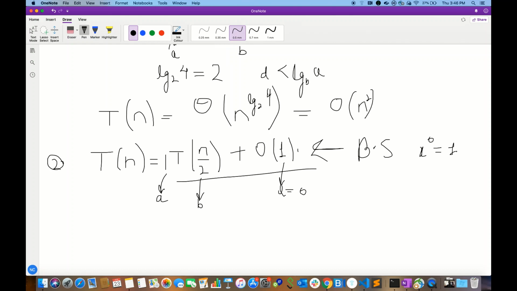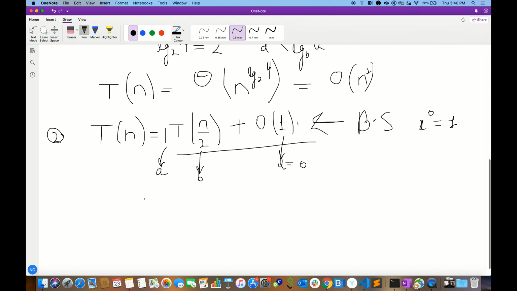So it doesn't matter what the value of x is here, we are only concerned about the power which it has or the value of n. Log of a with base b becomes log of 1 with base 2, and it is equal to 0. So in this situation d is equal to log of a with base b.